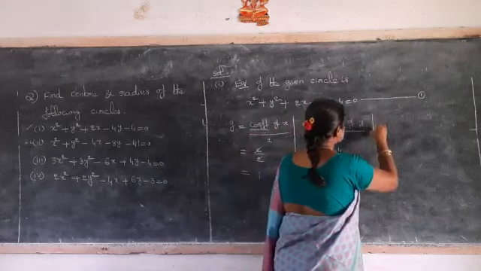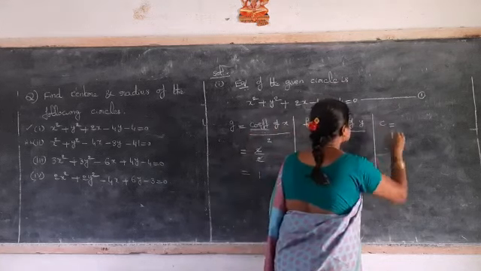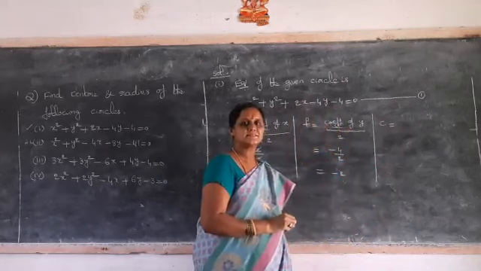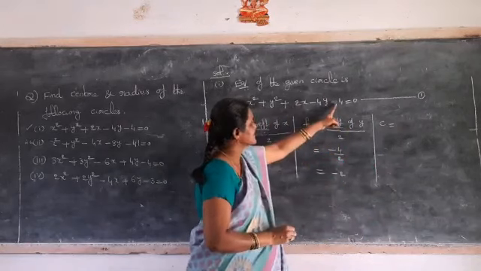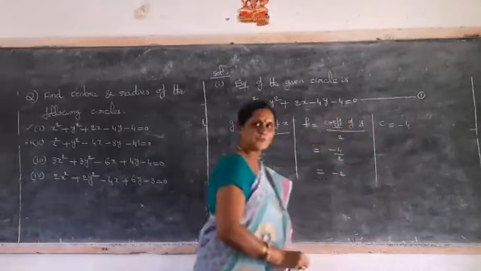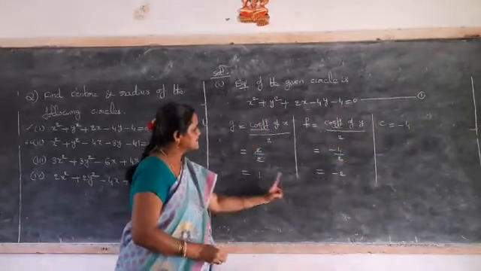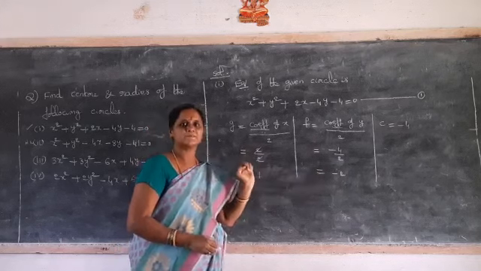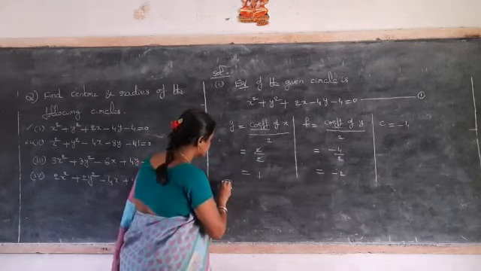Next we find small c. Small c formula constant term. ఈ ఈక్వేషన్ లో కాన్స్టెంట్ ఎవరు అంటే -4. So c is equal to -4. Okay, we found G, F and small c. Now I find center.